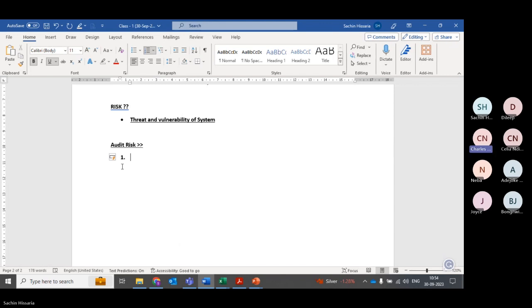I think audit risk should be a risk that can be minimized. Okay. What is audit risk? I think it is a potential damage that can take place if an audit is not carried out or performed.